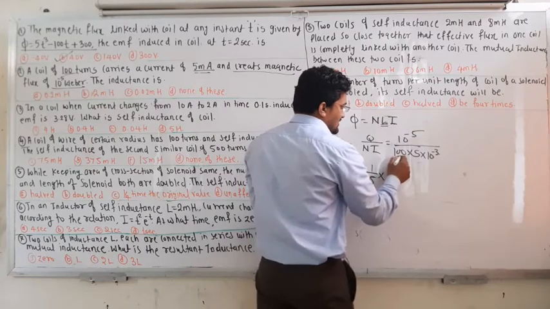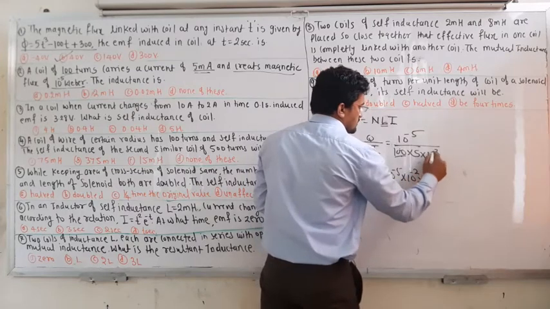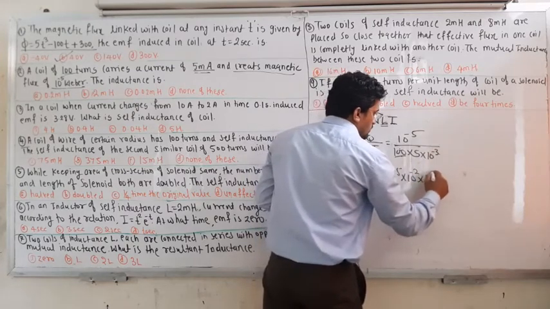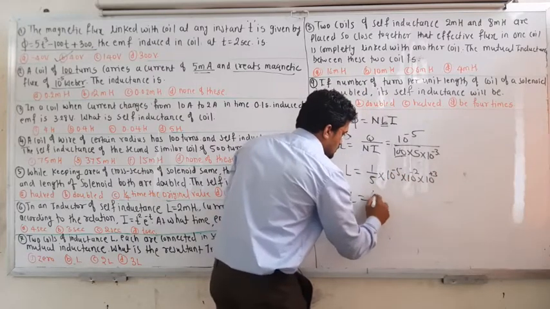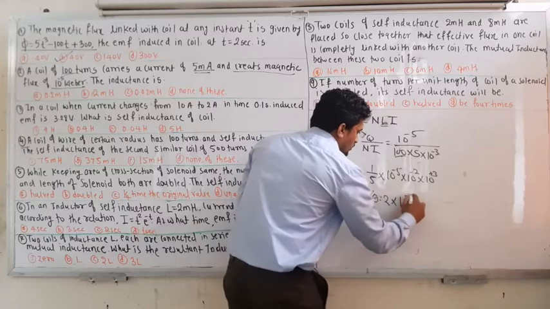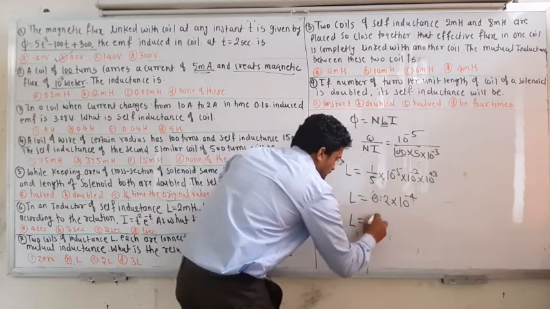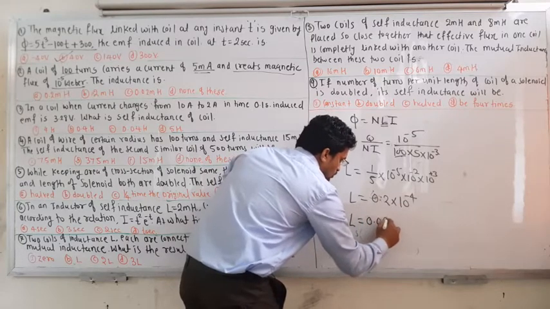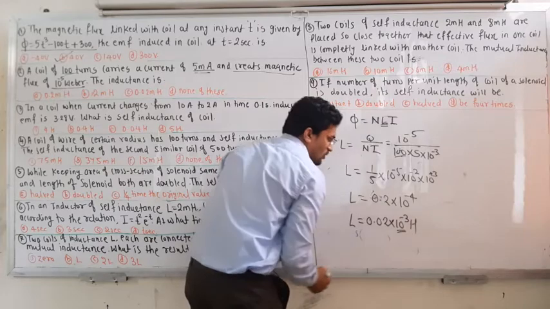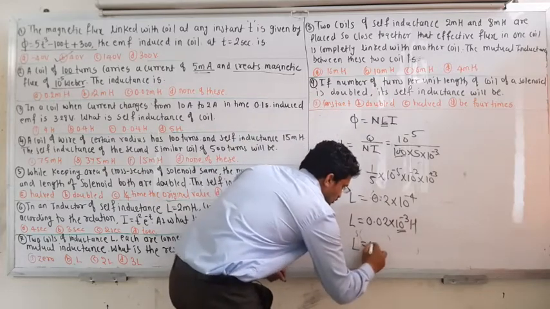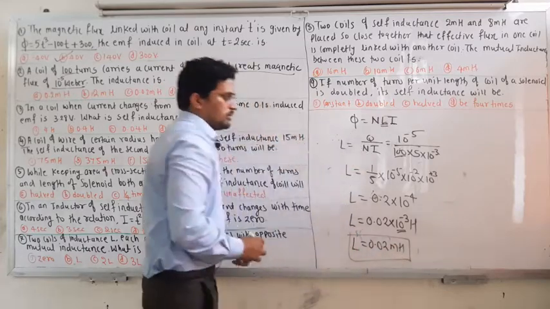The 10 to the power of 2 moves up as 10 to the power of minus 2, and the minus 3 moves up and becomes plus 3. 1 upon 5 is 0.2, into 10 to the power of minus 4, so you get 0.02 into 10 to the power of minus 3 Henry. So L is equal to 0.02 milli Henry.